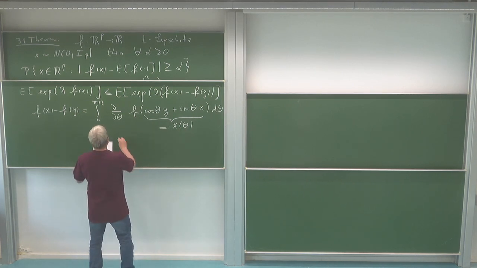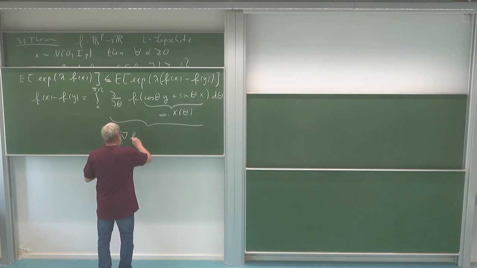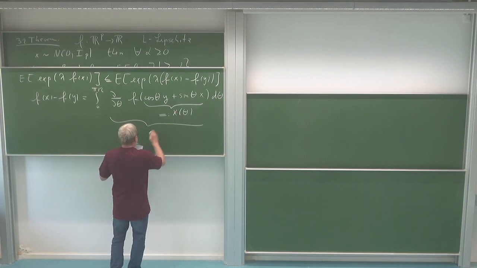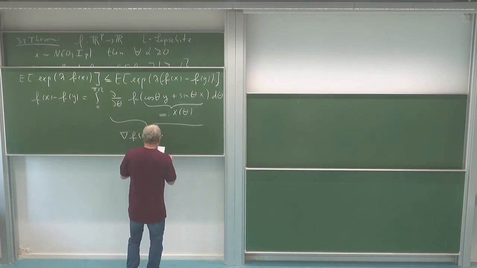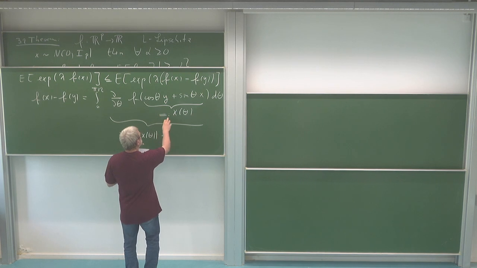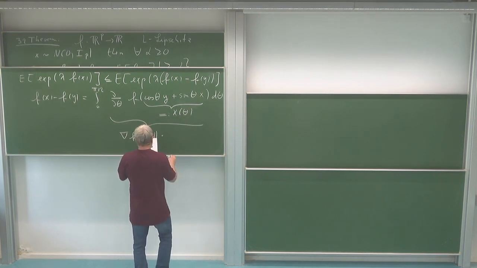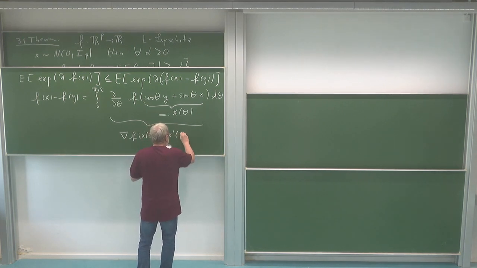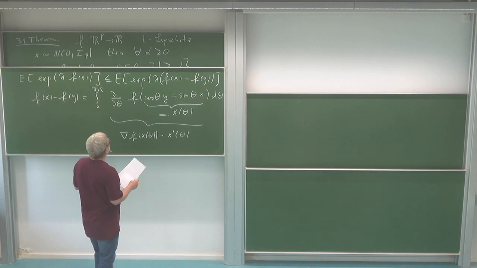So what I have here is the gradient of f at the point where I am, so at the point x of theta. And this is good because we have control over this. But then this is multiplied with the inner derivative. And if I take the derivative of this with respect to theta, let me write it like this, x prime of theta. Good, okay.